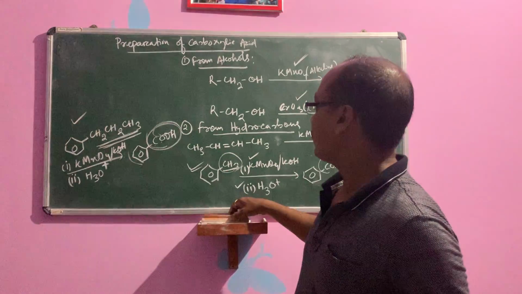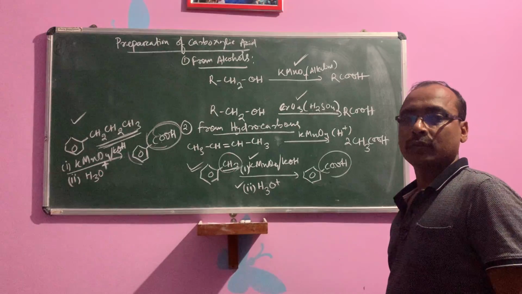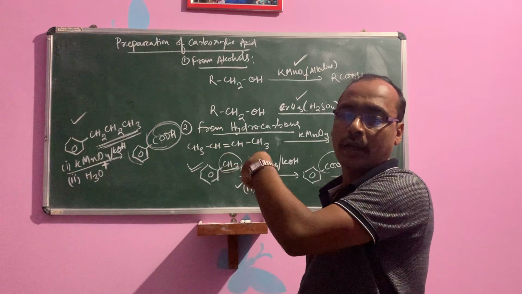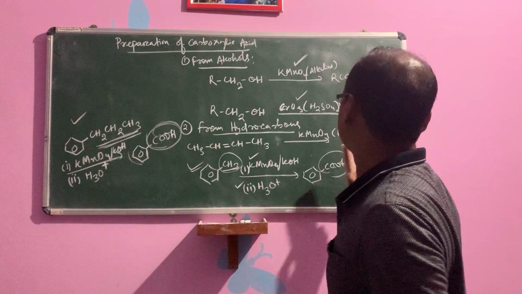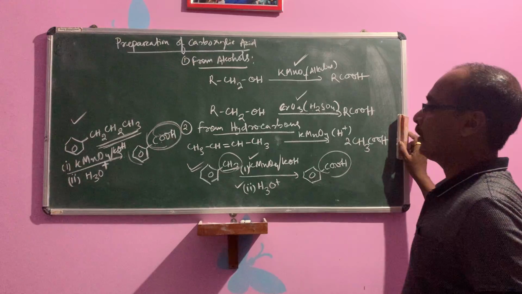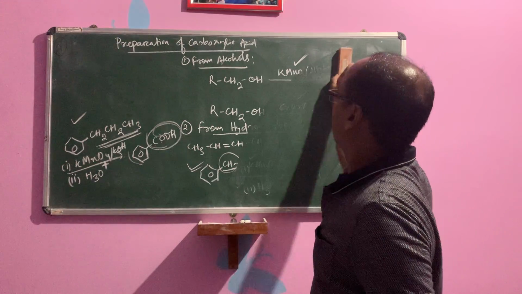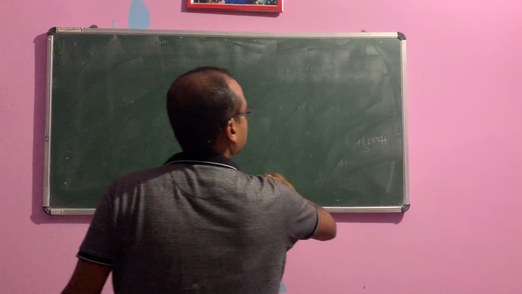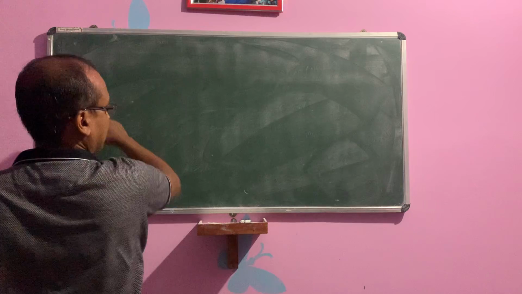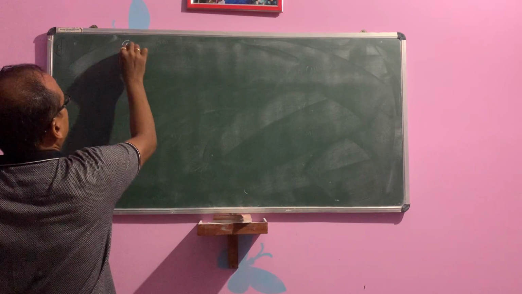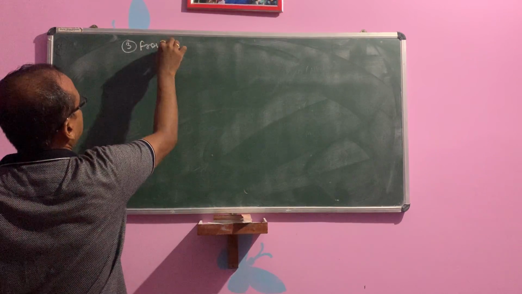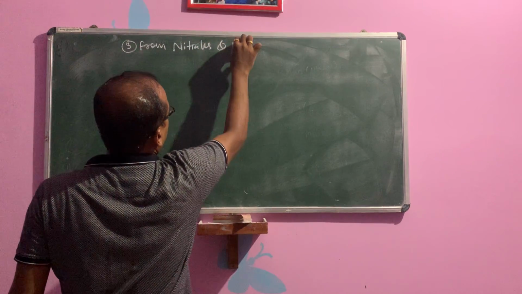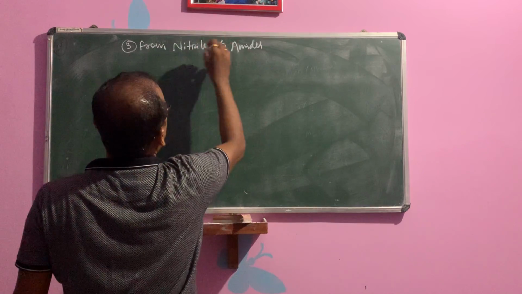Then the first one is from alcohol, the second one is from hydrocarbon, and the third one is from nitriles and amides.